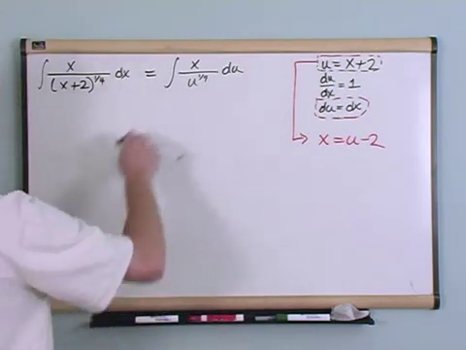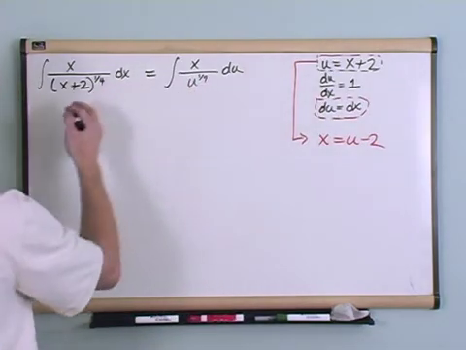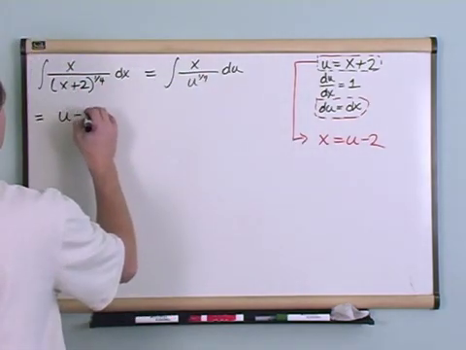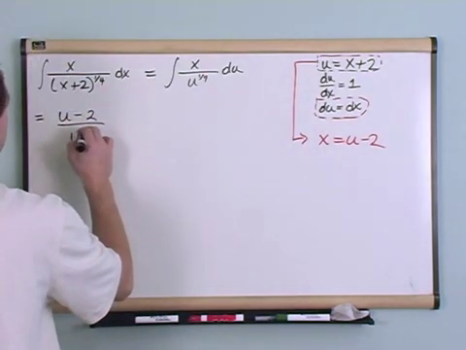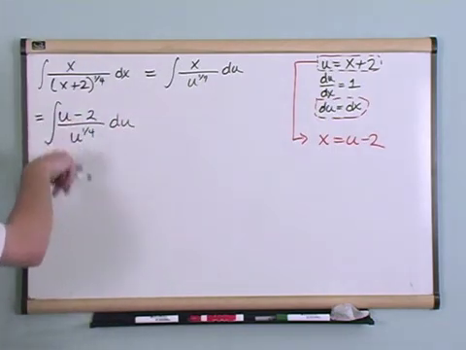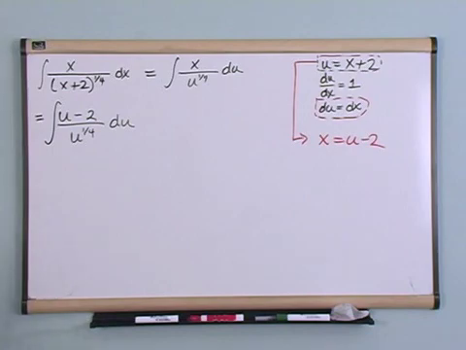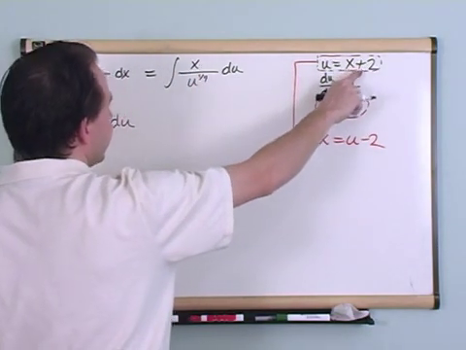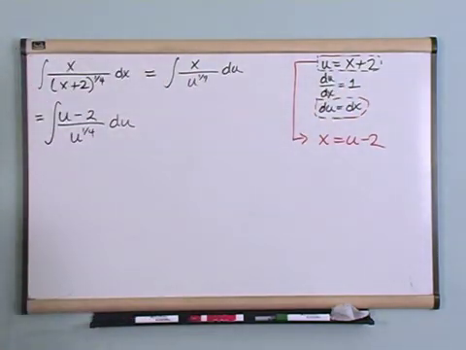So I'm going to work with this, which is what I've been working with, and I'm going to say x is equal to u minus 2 over u to the 1/4, and I'm going to integrate that du. Now you see I have a function in terms of u. So here I did a substitution and I had an x left over. Well, then I simply just turned around and used this definition to put it in terms of u.